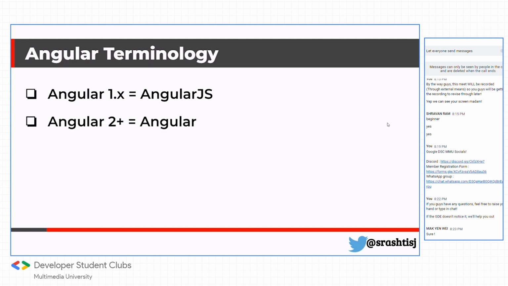They removed the JS from it. So if someone is saying AngularJS, that means they want you to work on, or they wrote an article on, the previous version of Angular, which is a bit different. And now there is, I guess, Angular 14 right now.